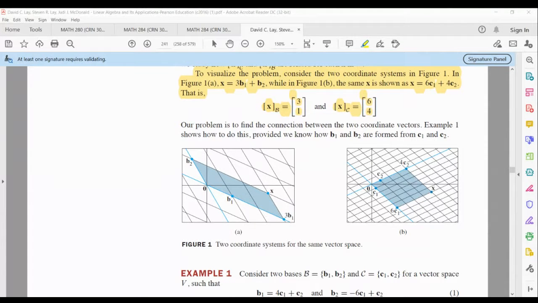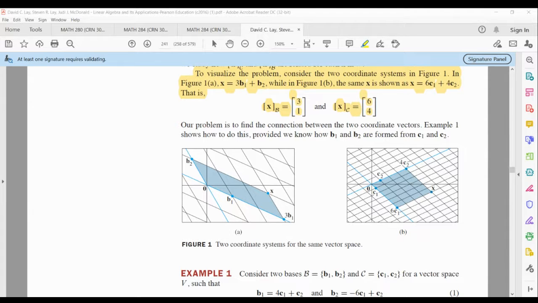Good, good, good. All right, well then the coordinate vector of x with respect to basis script C is 6, 4. Because if you move from the origin 6 C1 vectors, and then from there add 4 C2 vectors, you arrive at the location of vector x.